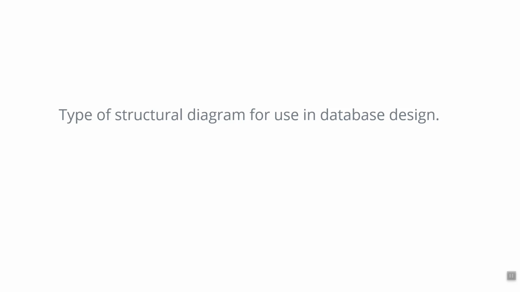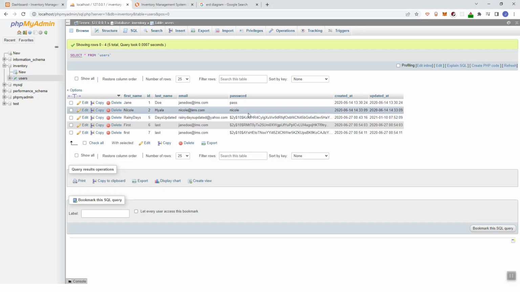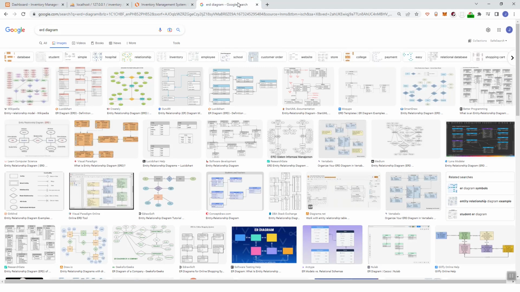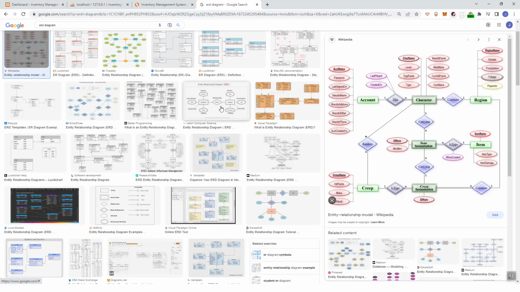Before you actually create the database or the tables and columns inside the server, so this is our local server, we need to design it first, and that design is called the entity relationship diagram. If we search in Google, we'll have lots of images, as you can see here. This is an example of an ERD.